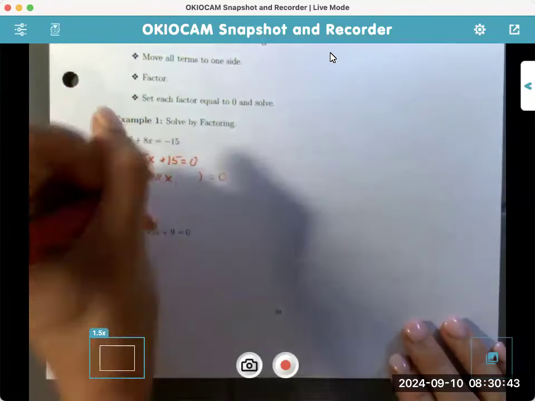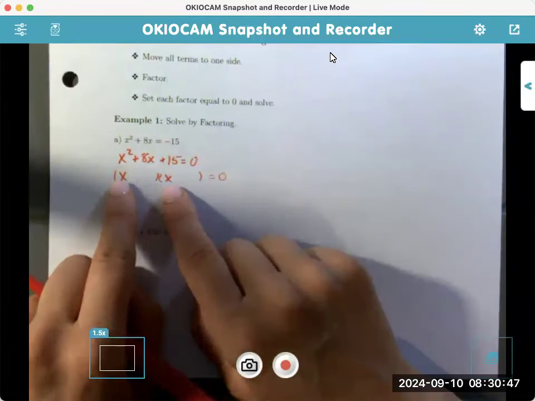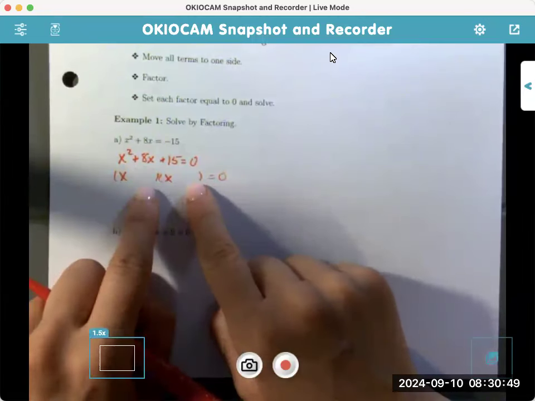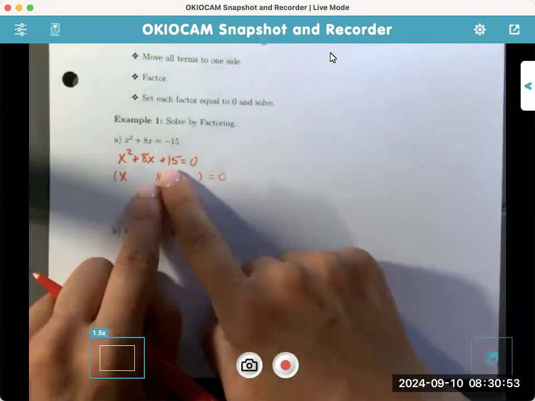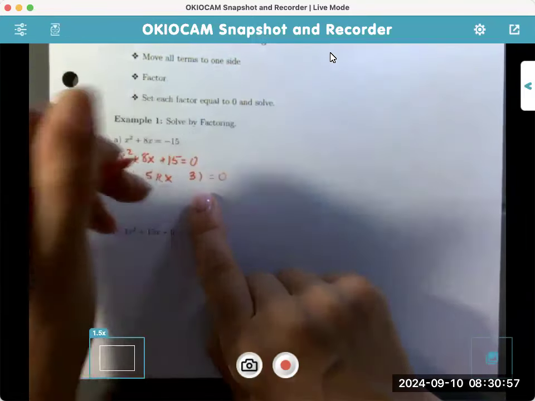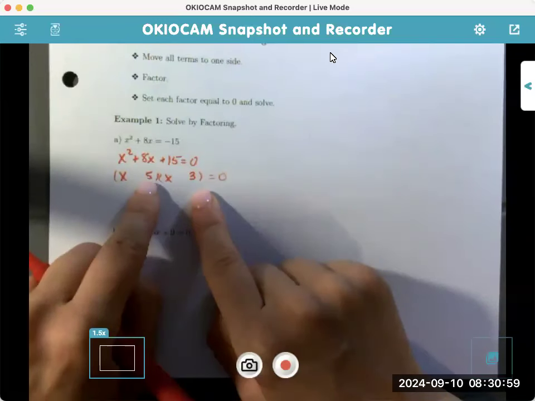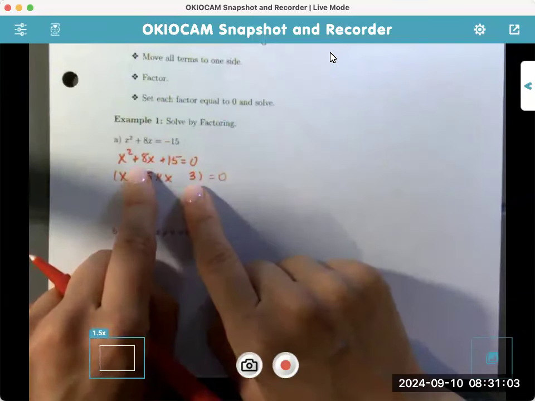So we have x and x because we know the first terms multiply to give us the first term. So x times x is x squared. Then back here, we need two numbers that multiply to 15, yet add to 8. So I'm thinking 5 and 3, because 5 times 3 is 15, and they add to 8.